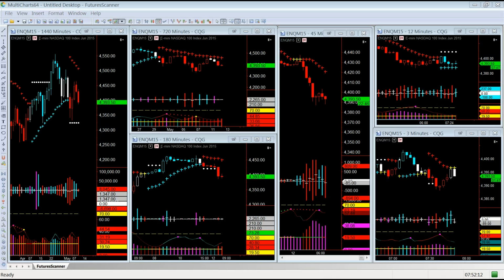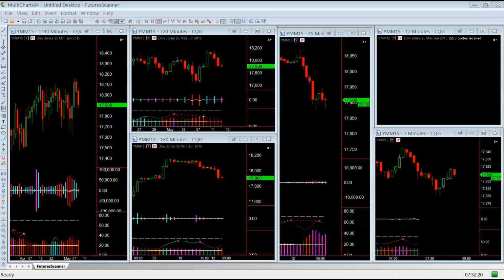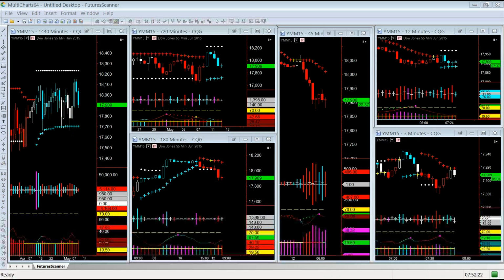That was the NASDAQ. Let's go over to the Dow. On the Dow, we may head back to this ATR. We have the potential to come back to this ATR.